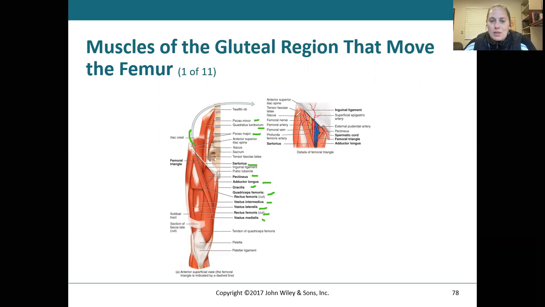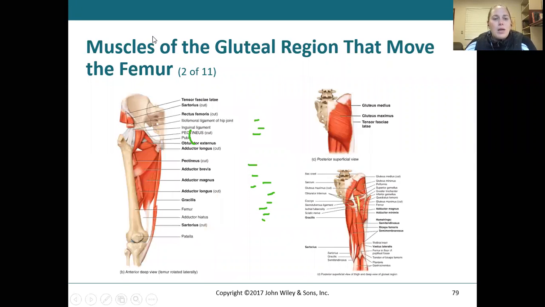Again, when we talk about the femoral artery, it's located, I don't want to say really superficially. There are muscles that cover it, but it is not located as close to the bone as you would think. It's still fairly superficial.